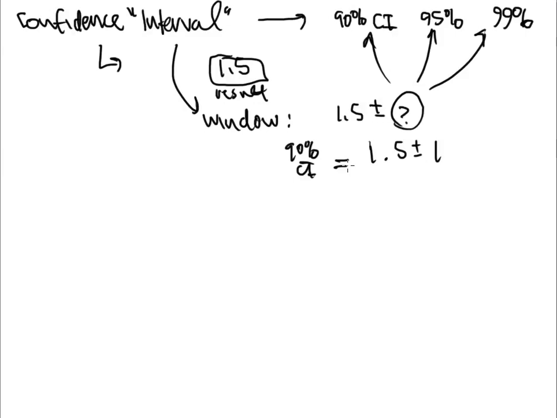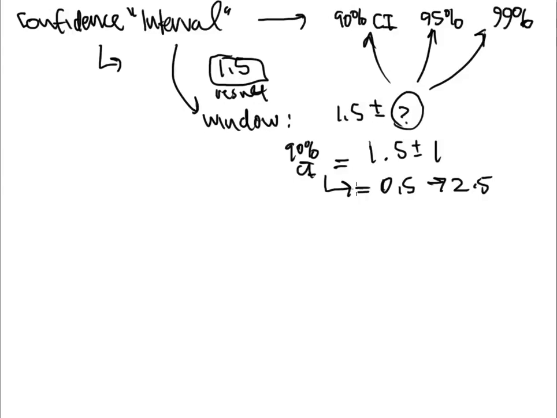So if I do a 90% confidence interval, 1.5 is my value, plus or minus 1. That's my confidence interval. What that means is that 1.5 minus 1 is a half, and 1.5 plus 1 is 2.5. So this is my window.